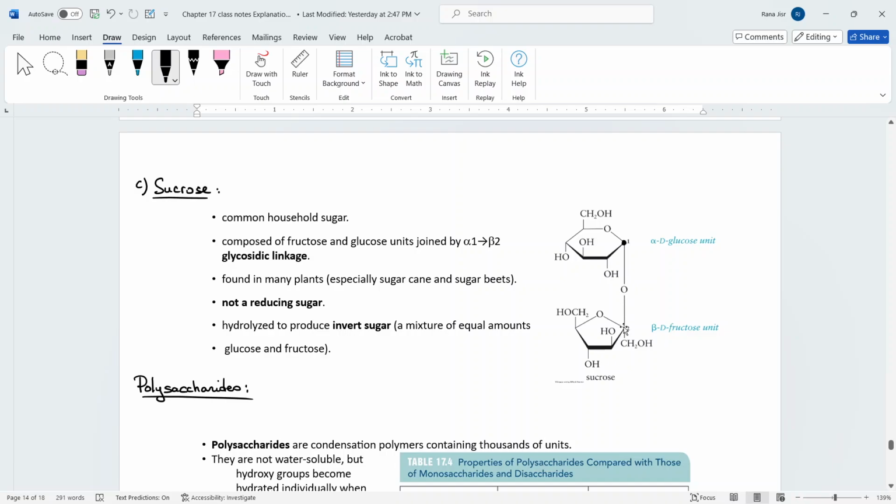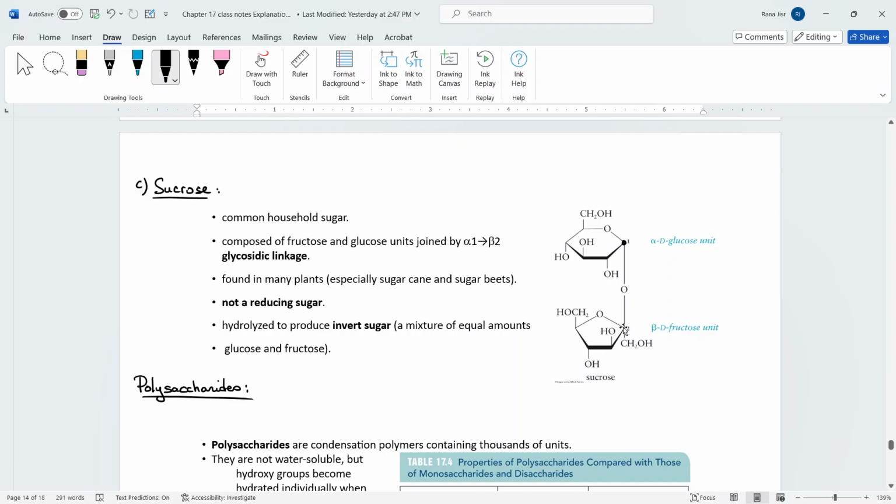Those two are going to be combined together, and this is going to be the structure of sucrose. Guys, you are not responsible to draw the structure of sucrose. All you need to know is that sucrose is made up of fructose and the glucose units, and these are joined together by an alpha 1 and beta 2 glycosidic linkage.